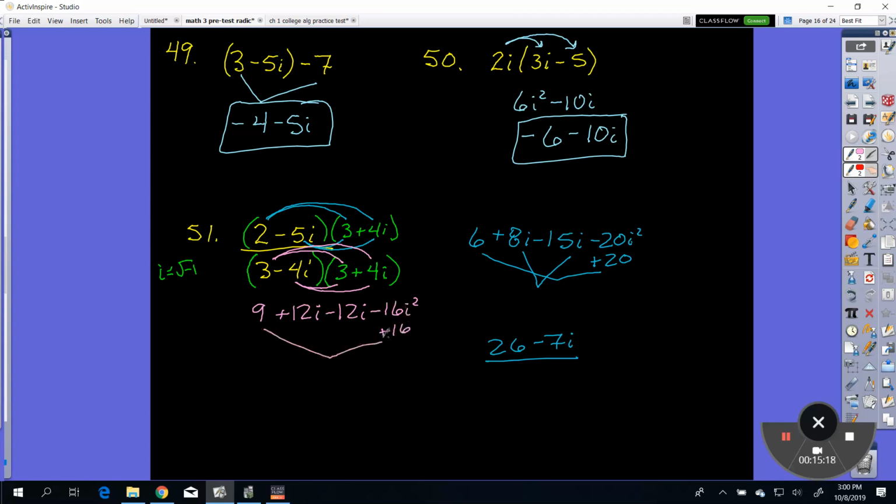So 9 and 16 make 25. And 12i minus 12i, that makes 0. They just cancel each other off. That will always happen with the conjugate pairs. So every time we have conjugate pairs, these middle terms will go away. They'll always be opposite of each other. Okay, they'll always cancel each other off. And that leaves me with my answer.